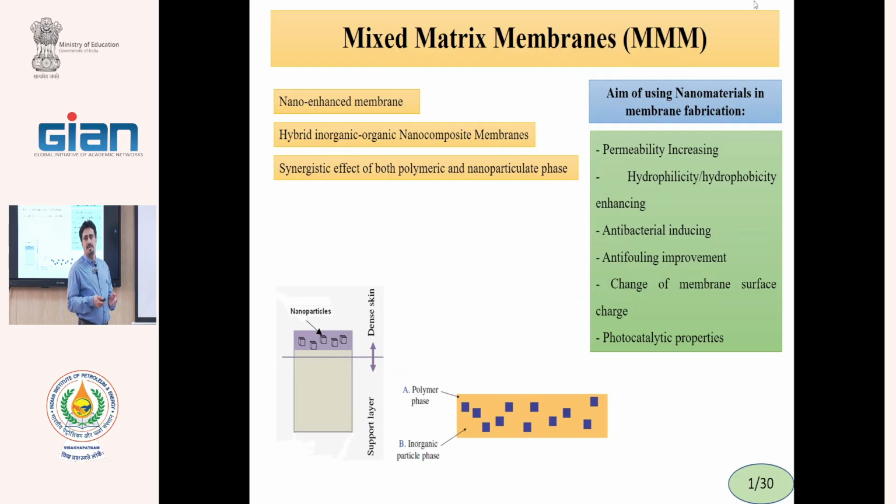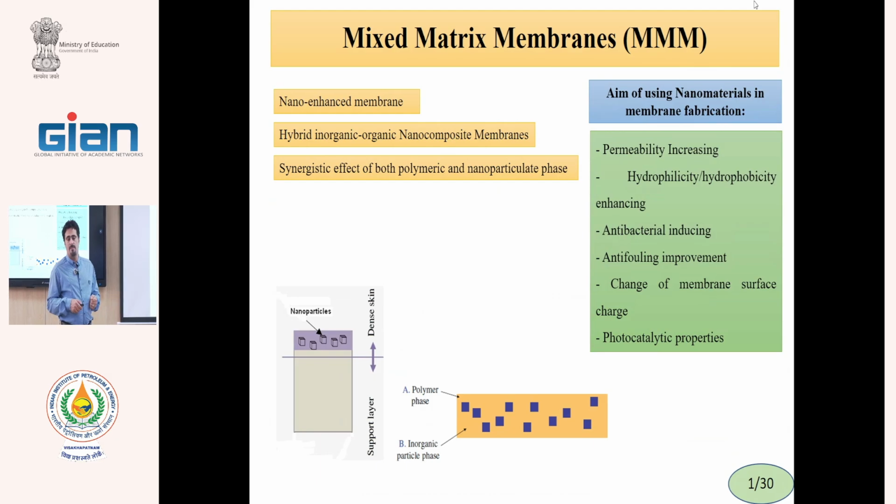We have antibacterial nanomaterials such as silver-based, zinc-based, and graphene-based. They can destroy the cell membranes of bacteria and microorganisms and have anti-fouling properties.